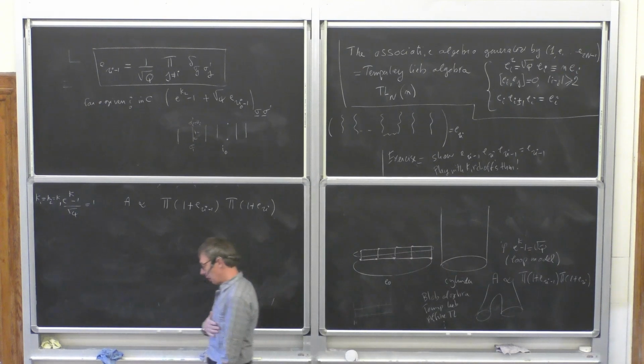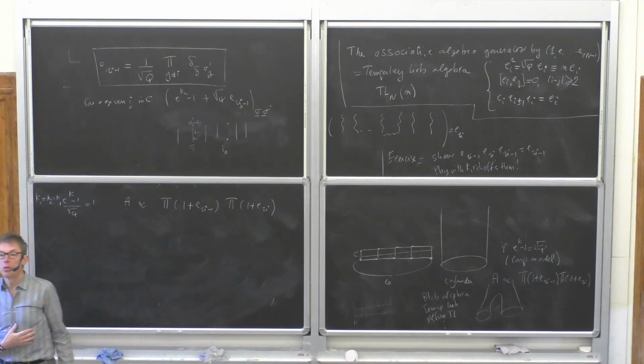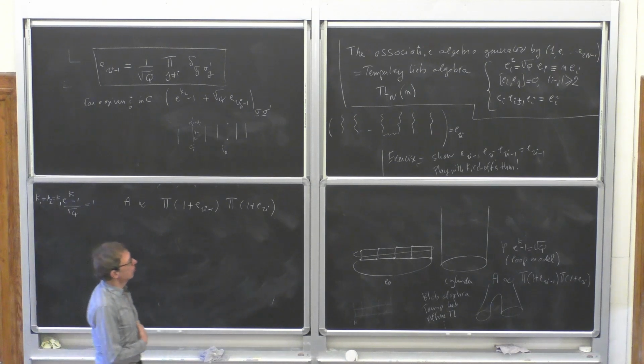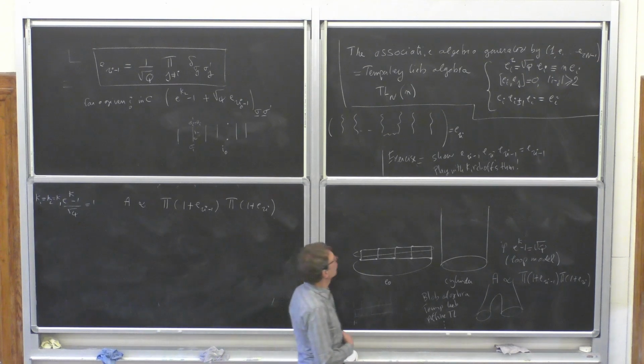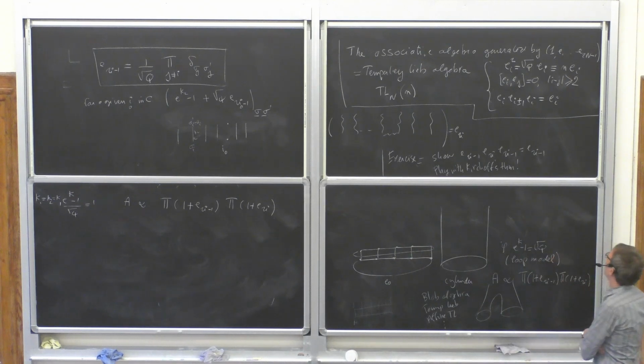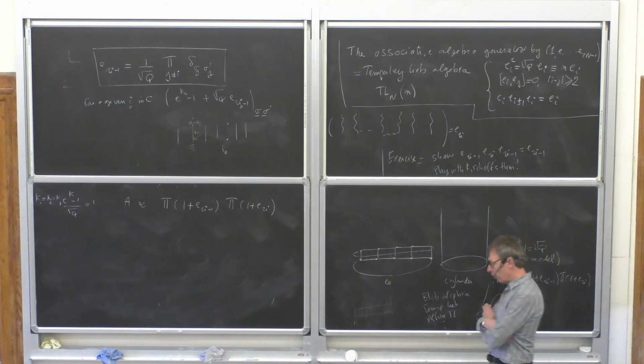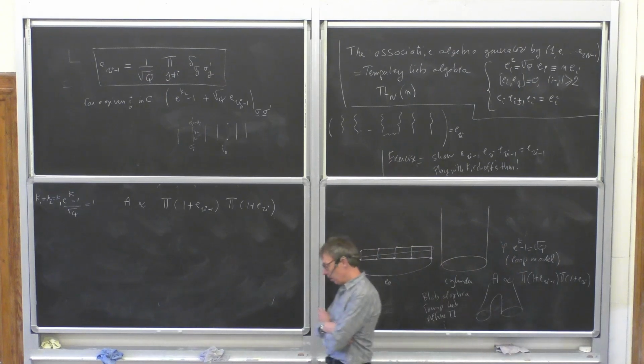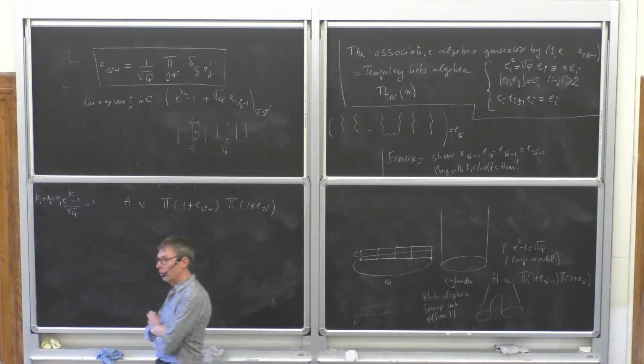Third of all, square root of q cannot be eliminated from the definition. It looks like you could renormalize e_i to get rid of the square root of q and get real projectors, at least as long as q is not 0. But then the third relationship, of course, will be modified. It will have a square root of q.